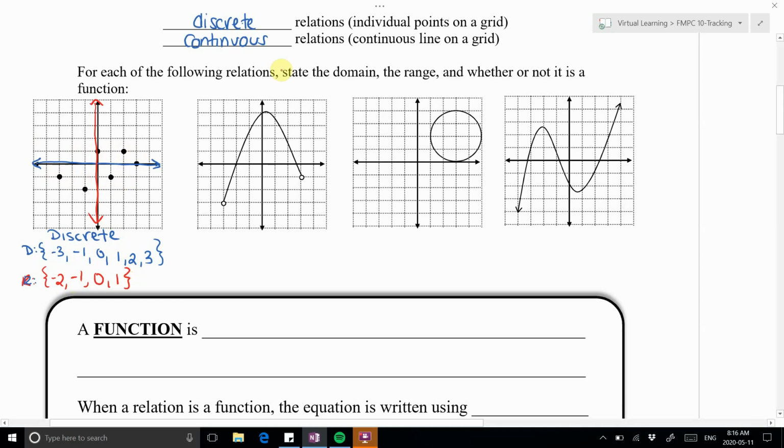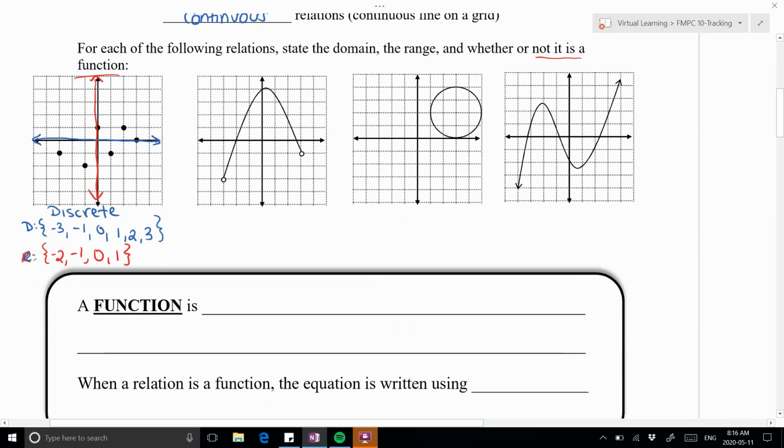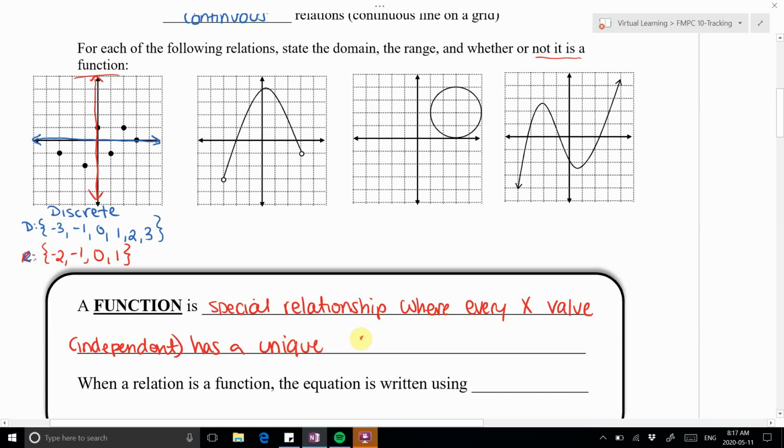Now, the second thing that's asked me is whether or not it is a function. So remember that a function is a special relationship where every x value, so every independent value, has a unique y value.